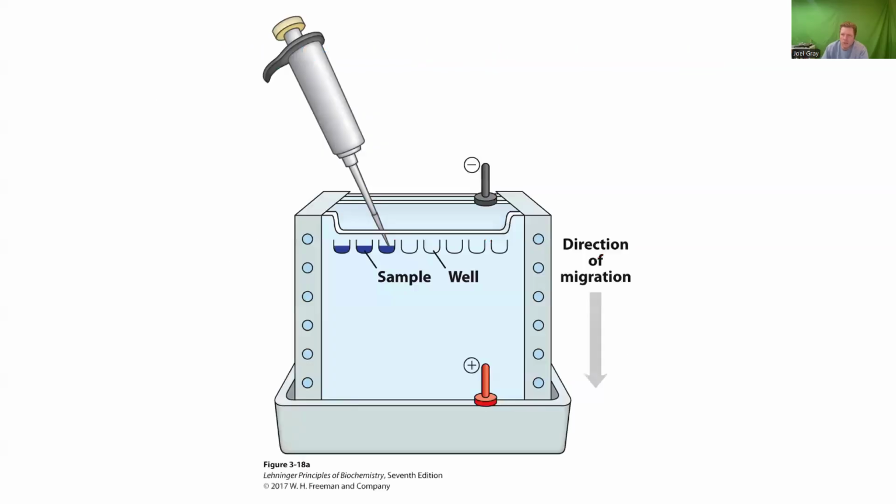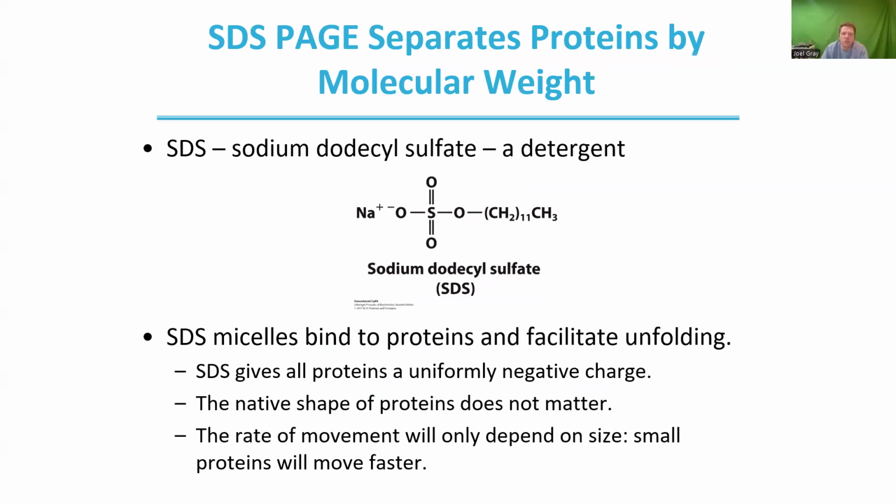Now, what it looks like is this. Typically, protein gel electrophoresis uses a vertical gel, as opposed to DNA gel electrophoresis, which uses a horizontal gel. Now, protein gel electrophoresis uses this compound right here: sodium dodecyl, 12 carbons, sodium dodecyl sulfate.